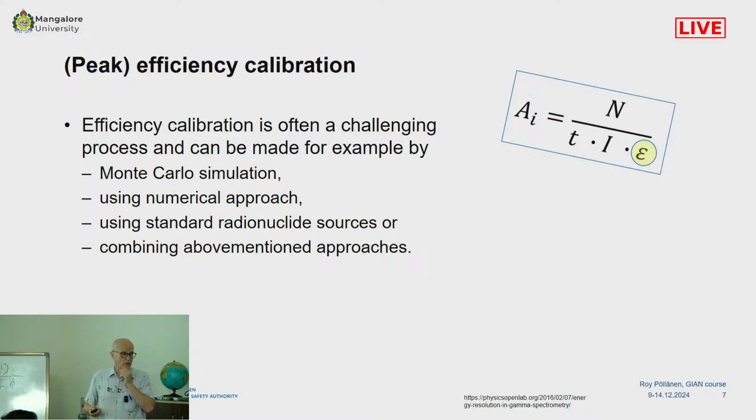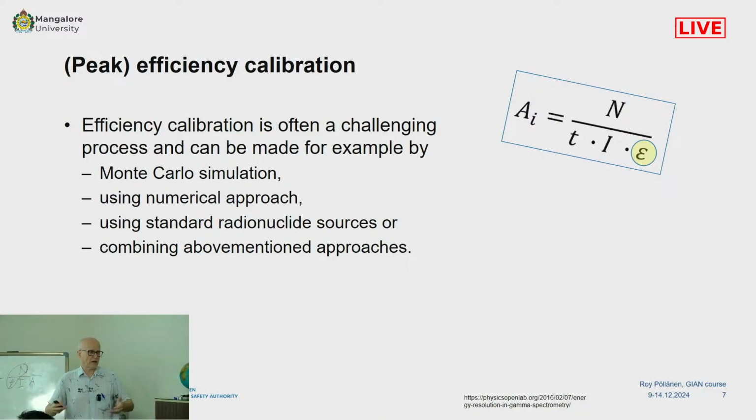There are software for that, but in those cases you have to know detector characteristics very well. You have to know detector dimensions, detector to source distances, thickness of the dead layers, etc., etc. Especially dead layer thickness, it's quite difficult to get. But it has a very big effect in gamma spectrometry.